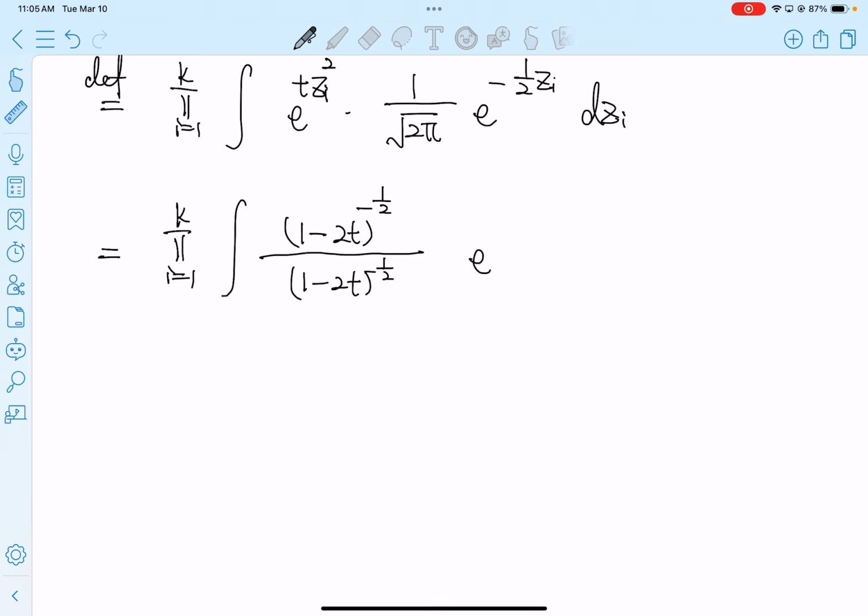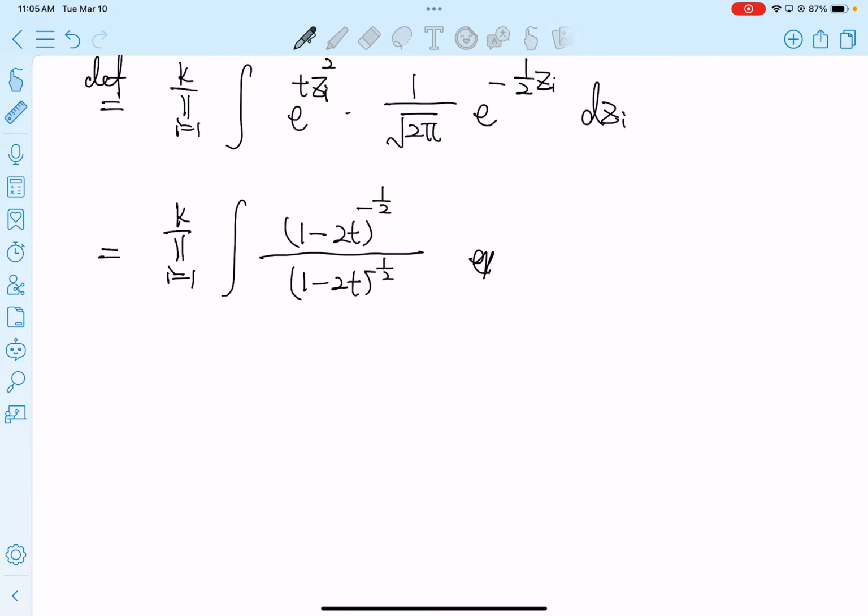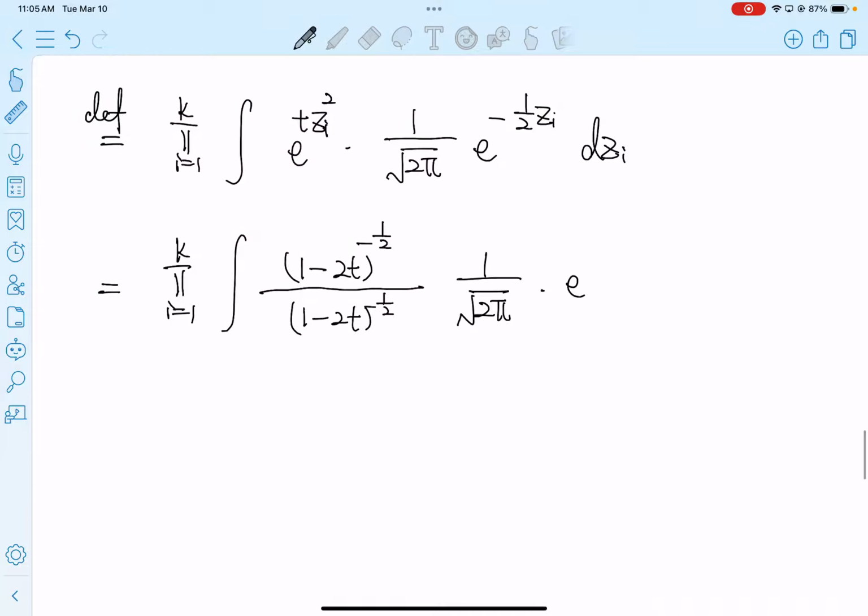Okay, so here, let me group. First of all, in the beginning, I multiplied by a factor of 1, and there is the constant 1 over square root of 2 pi here.